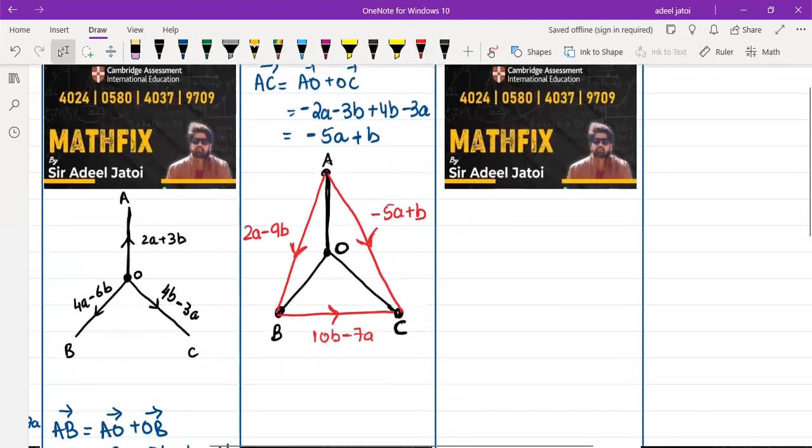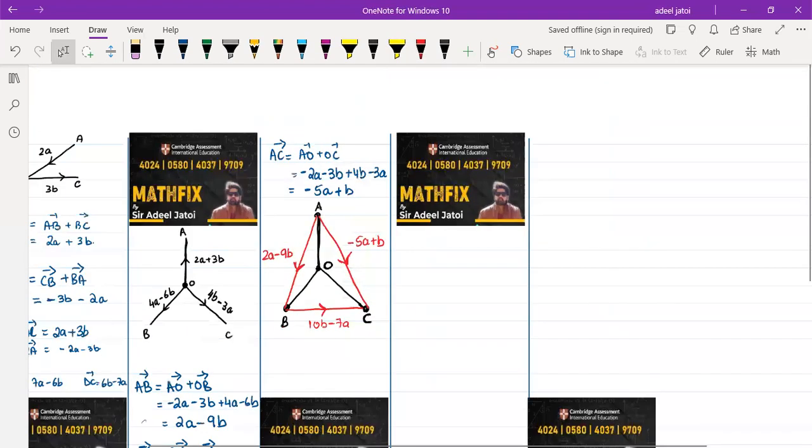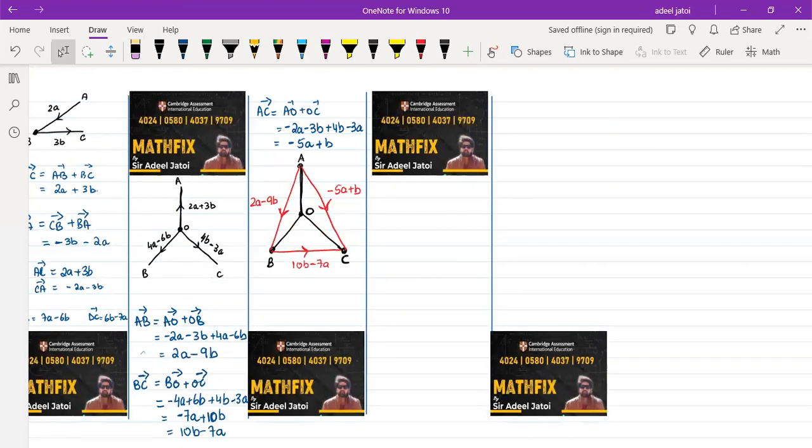So, my main objective of doing this was to make you understand and realize that these were the 3 lines that we calculated. These were the directions of the lines.